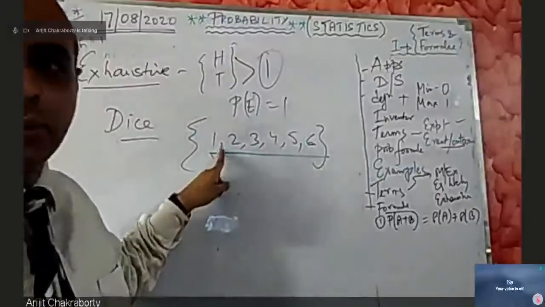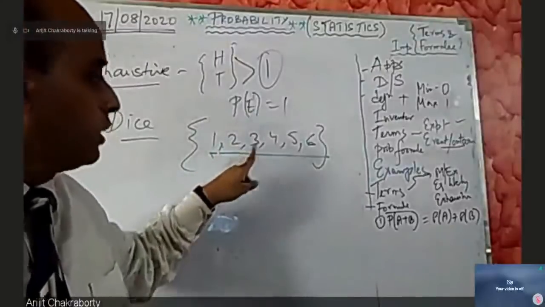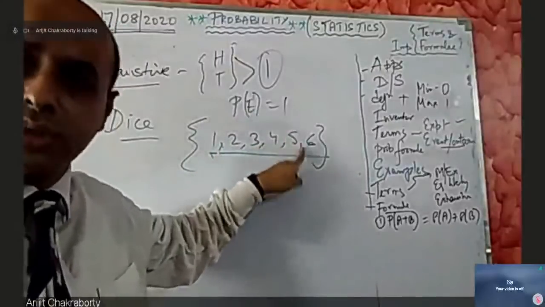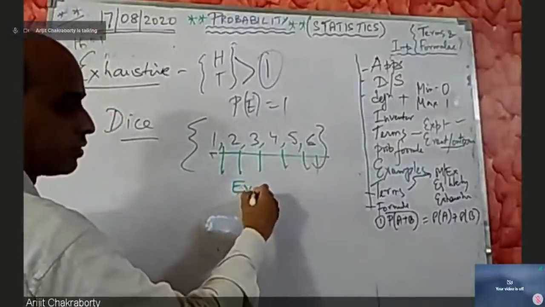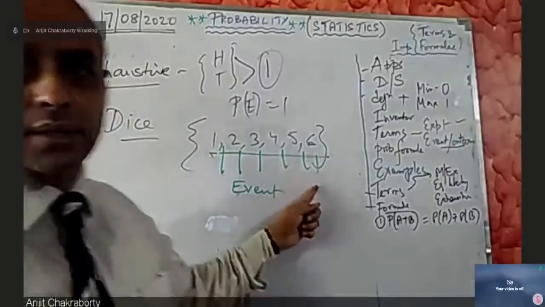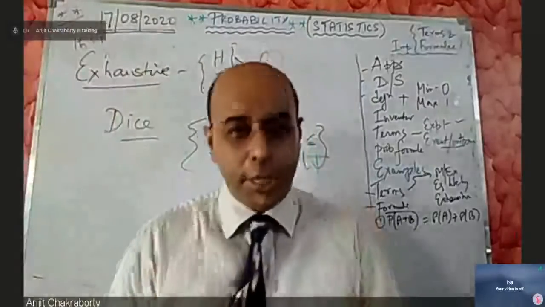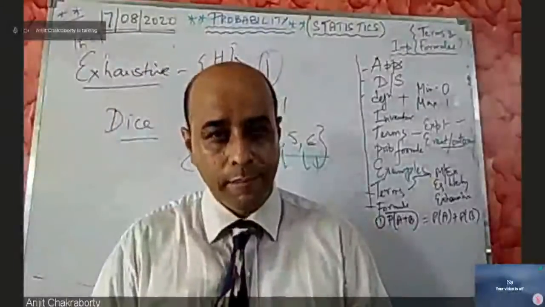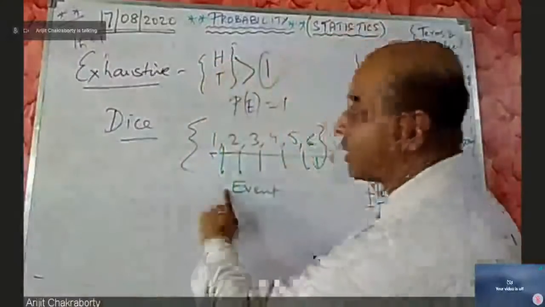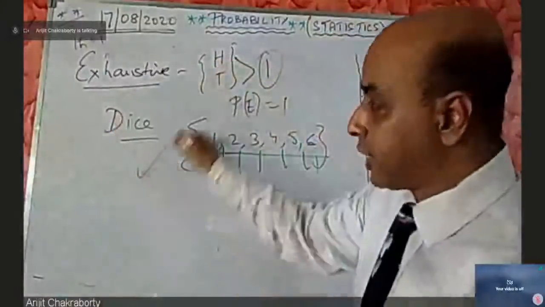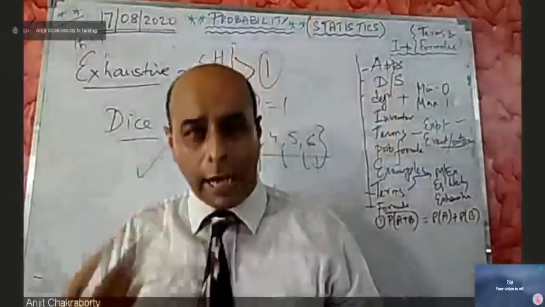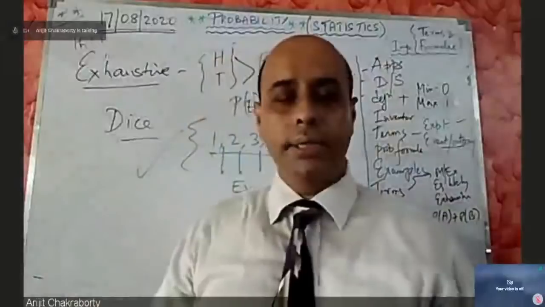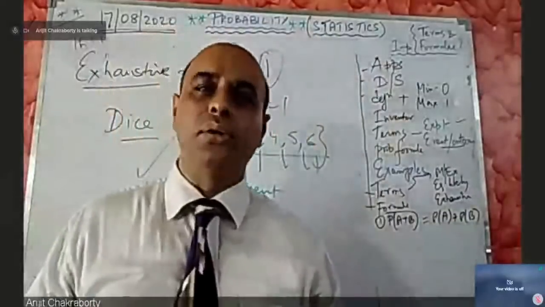You can have 1, you can get 2. When you throw a dice, you can get 3, you can get 4, 5 or 6. So each of them is an event. You have 6 possible events, 6 possible outcomes. Are the events exhaustive? Answer is yes. For example, when you throw a dice, you cannot have 0.